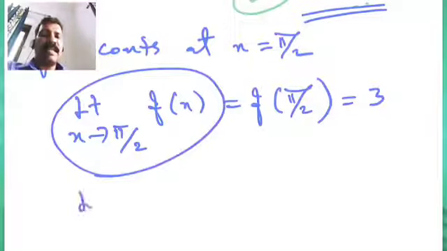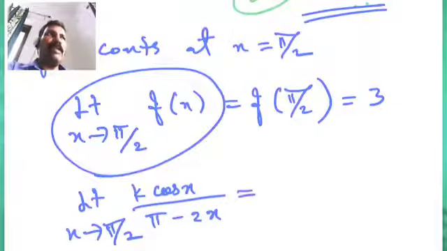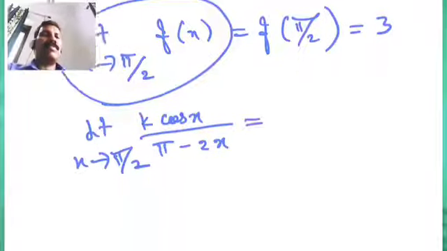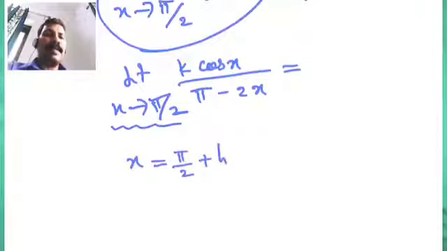So the limit of f(x) means k cos x divided by pi minus 2x, as x tends to pi by 2. Then how to evaluate it? For that we shall have a substitution. So x is approximately equal to pi by 2, so we can put x equal to pi by 2 plus h.